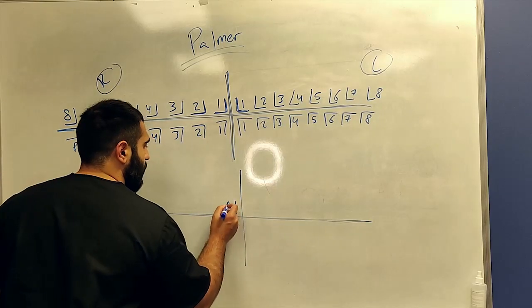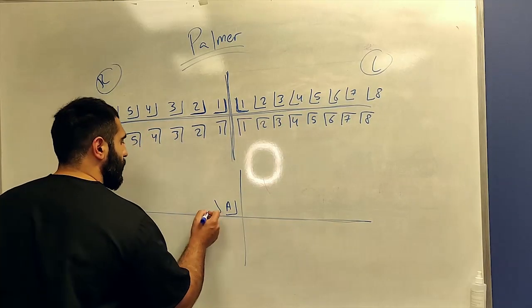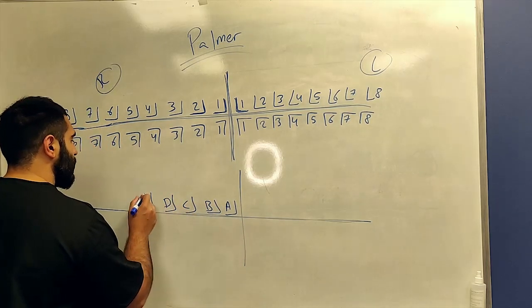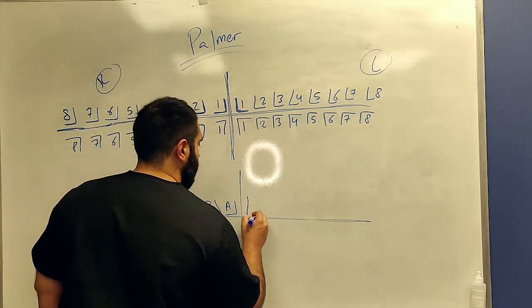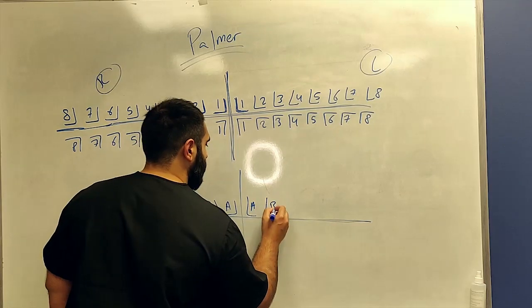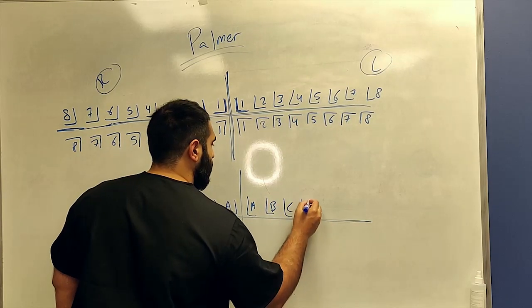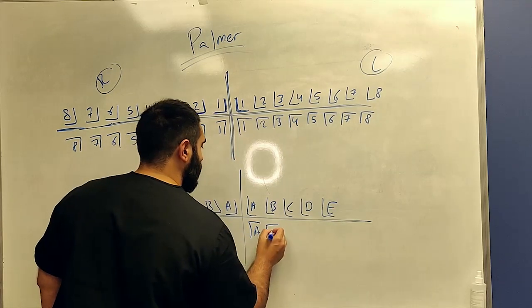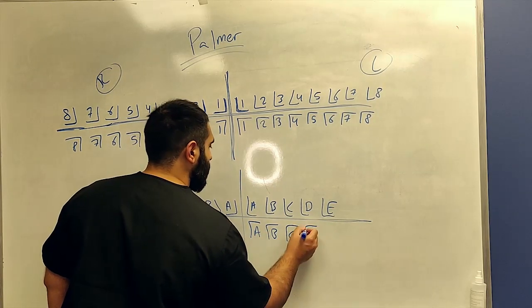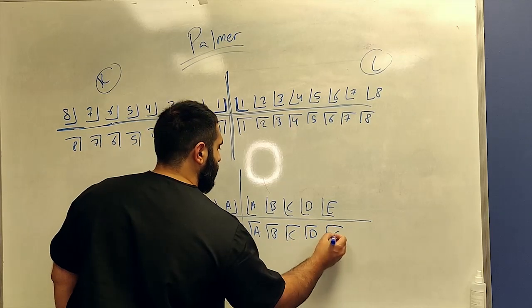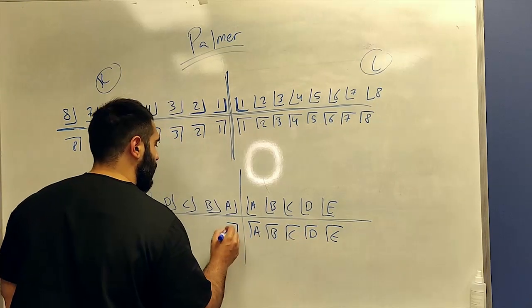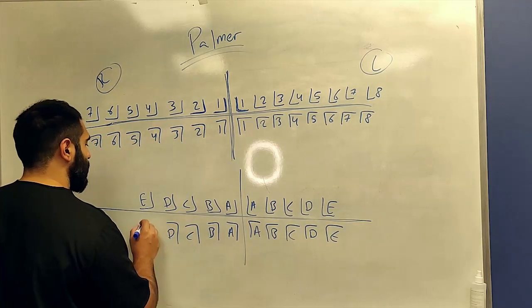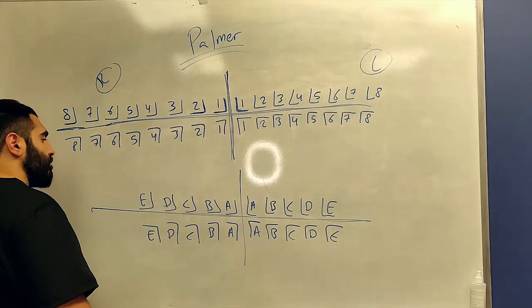So it's A, again, they start at the midline. B, C, D, E. A, B, C, D, E in each of the remaining quadrants.